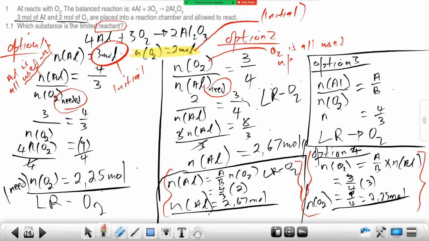But I did not use this A over B because it's something I will not remember in an exam. What I used is, I just know that I am working with aluminium, so everything above must be for aluminium. I am working with nitrogen, so the divide there must be everything related to the oxygen.